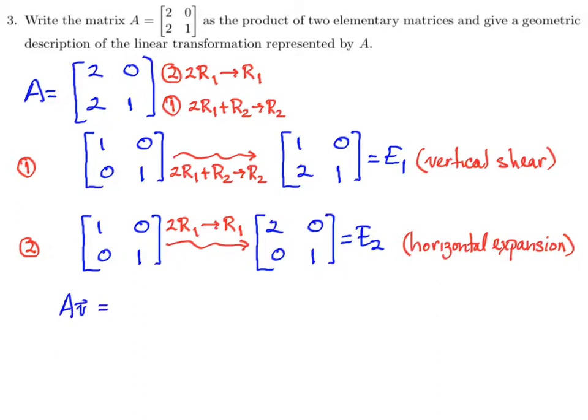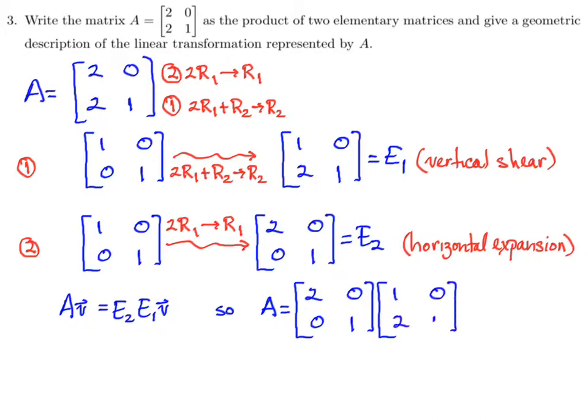So that means that A times V, our original matrix A times the vector V, is going to be first multiply V by E1, the vertical shear, then multiply that by E2, the horizontal expansion. So then A is equal to the product E2 times E1.